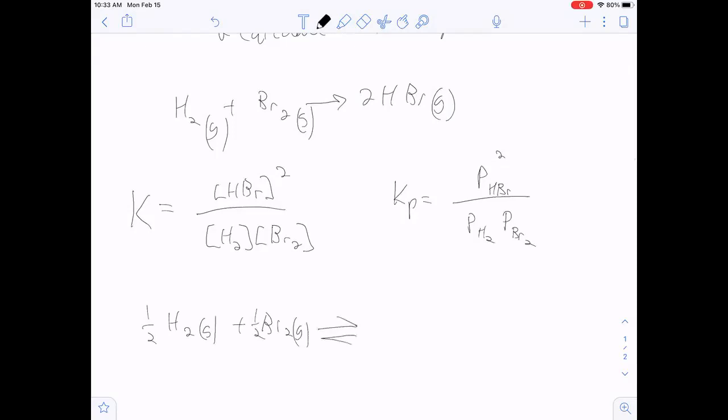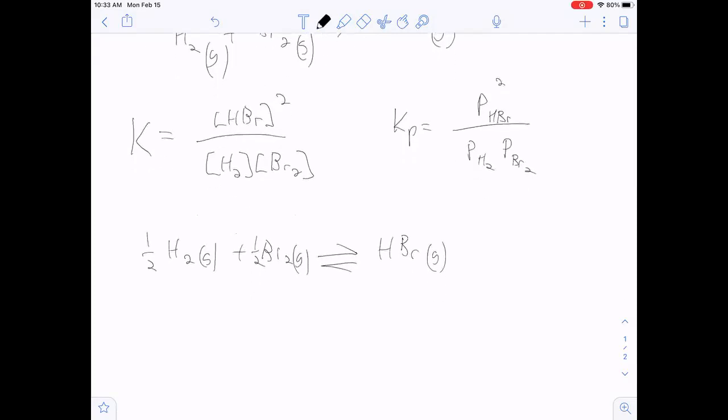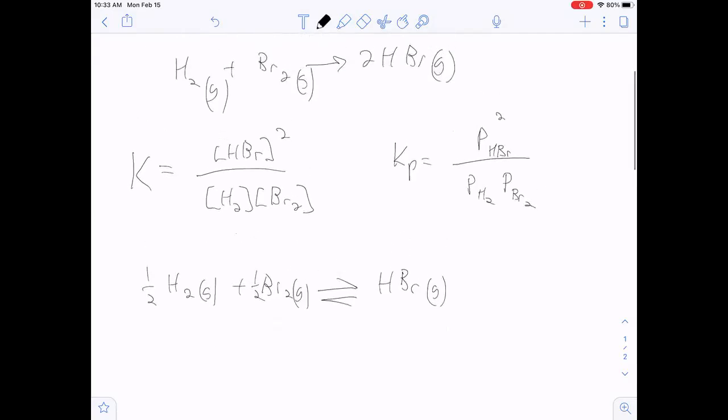Oh, I should get used to writing the double arrow now. So I'm going to number these, reaction 1, reaction 2. How do those two reactions differ? Well, in reaction 2, everything is just half as much.